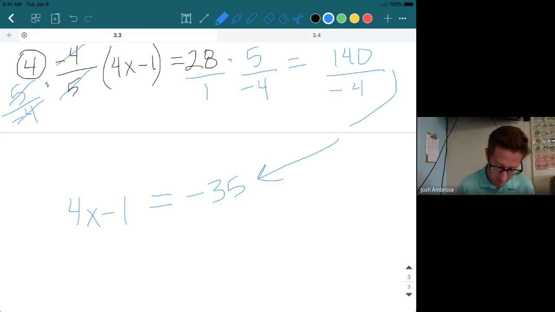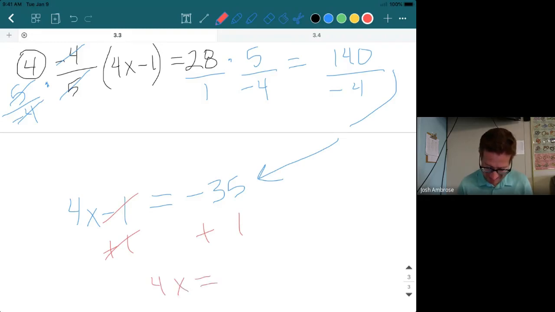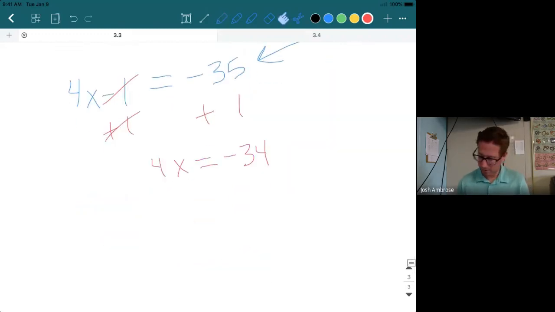What do we do here? Add or subtract? Add 1. Add 1. So that goes away. You now have 4x equals a negative 34. Okay, and let's make sure everything working out here.